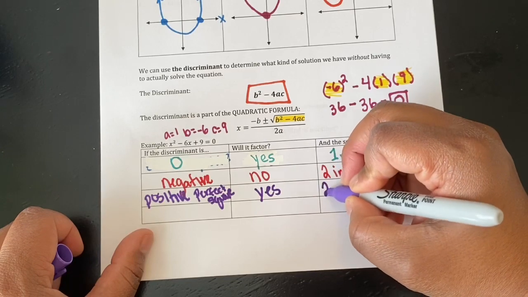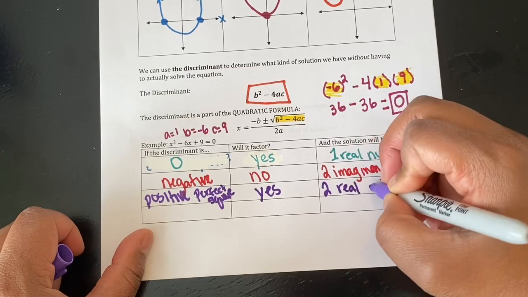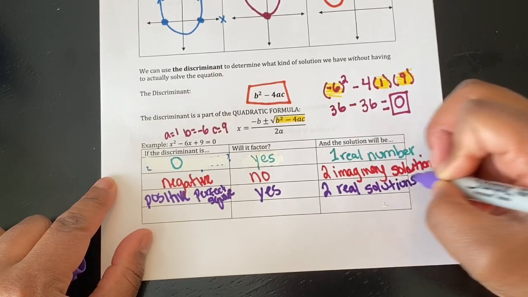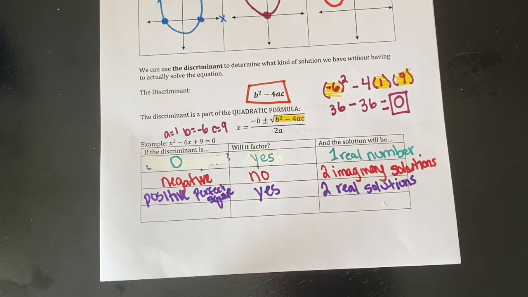And there are two real solutions. Two real solutions, two real number solutions, right?